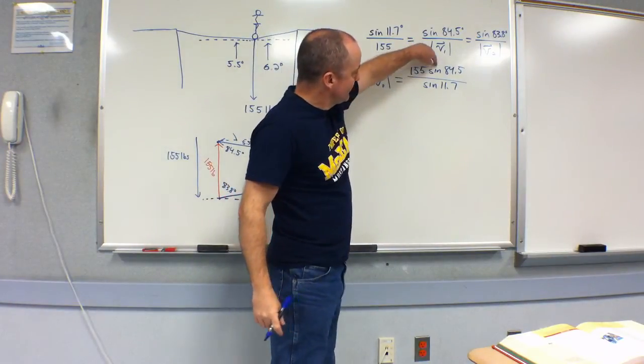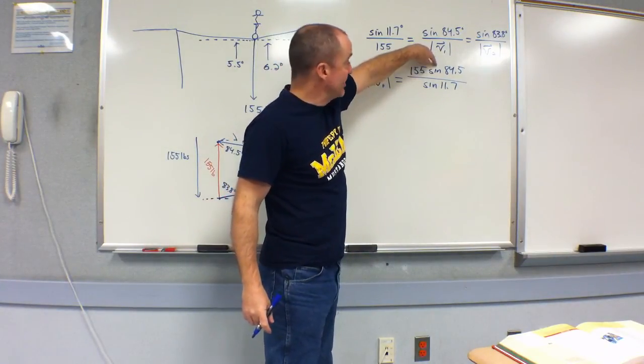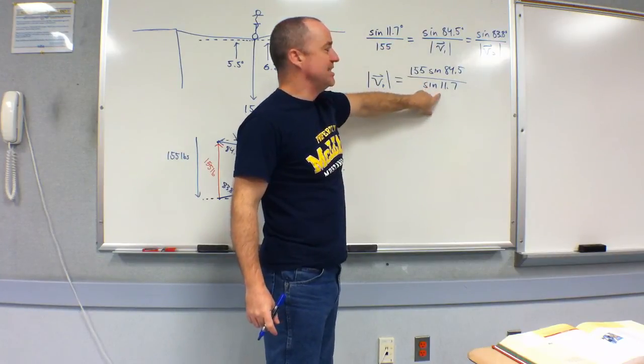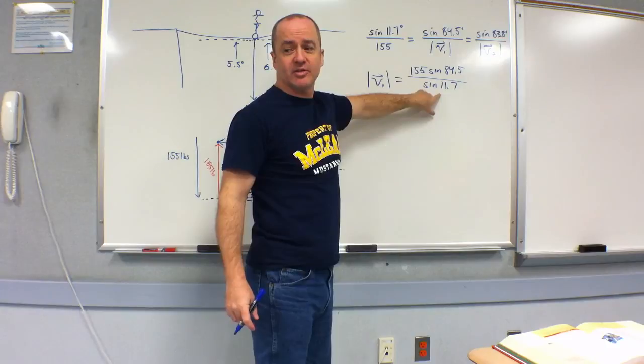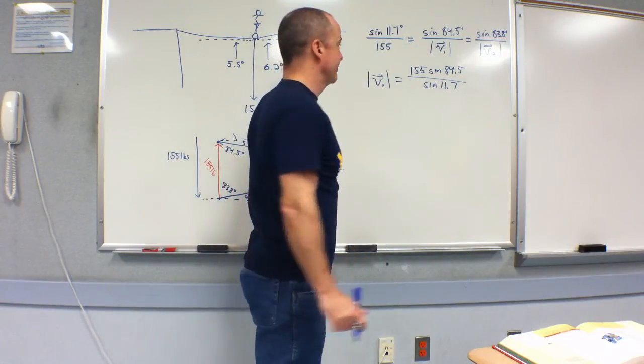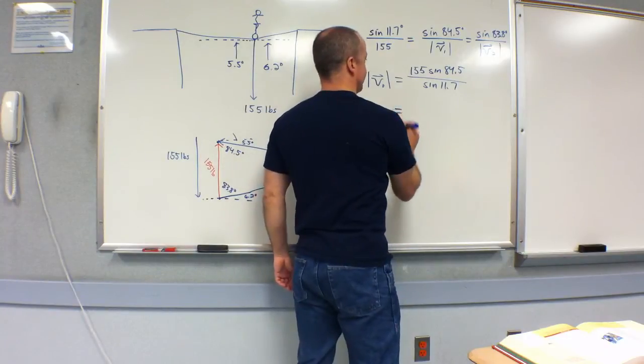This is a decimal close to 1, so the numerator should be a little less than 155. This is a decimal not that far from 0, so it's going to wind up getting significantly larger after that. So what do we actually get?